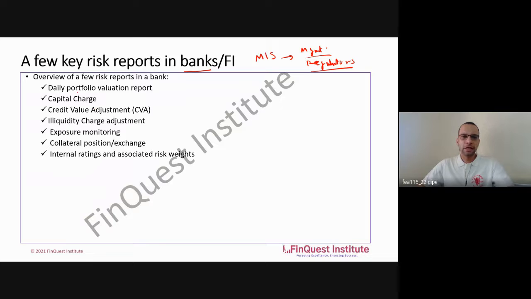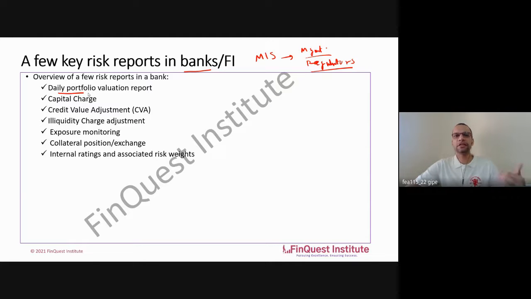So first is a daily portfolio valuation report. This is nothing but understanding how much your portfolio is worth today. This will happen at end of day every day. There'll be a cutoff time which will be decided, let's say 7 p.m. every day. All the market parameters will be fetched, and that will be used to value whatever positions are there on the portfolio so that we have a detailed portfolio valuation report available for consumption.